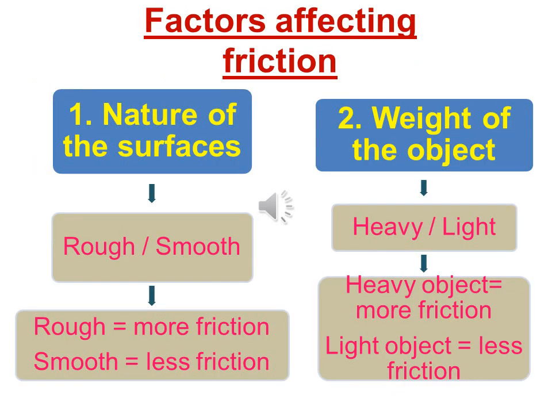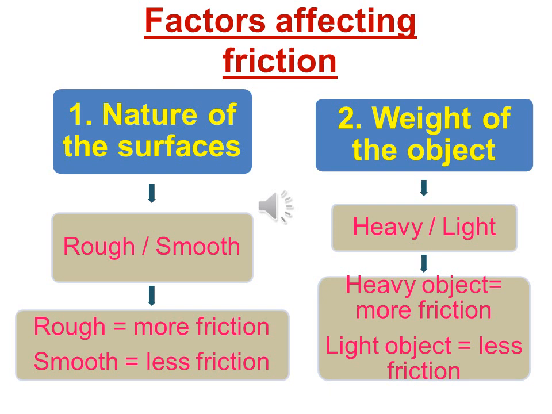Children, now we'll move on to the factors affecting friction. So let me tell you, friction is a force that opposes the motion of an object. This will happen only when there are irregularities on the surfaces that move. So what are the factors that decide the friction?